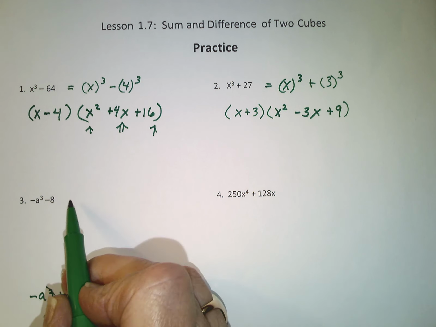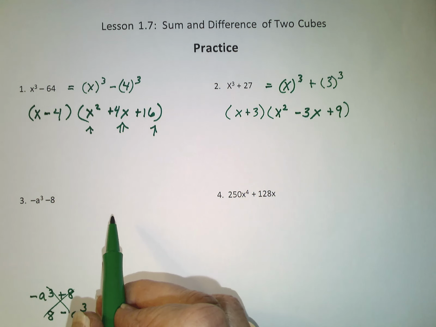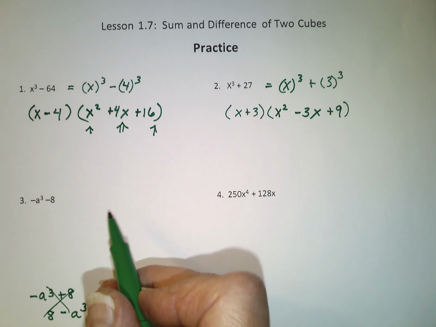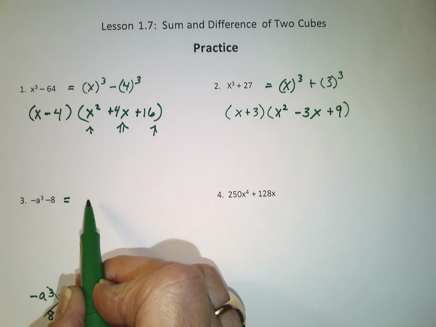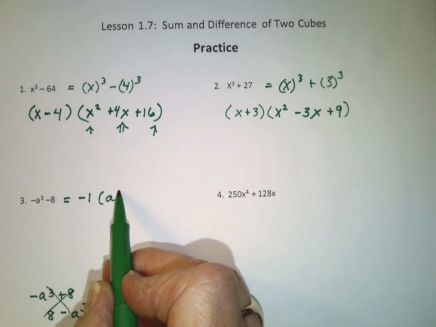I know you learned in the last lesson how to take off a common factor. Pulling out the greatest common factor, and we do have a common factor here. It's negative 1.